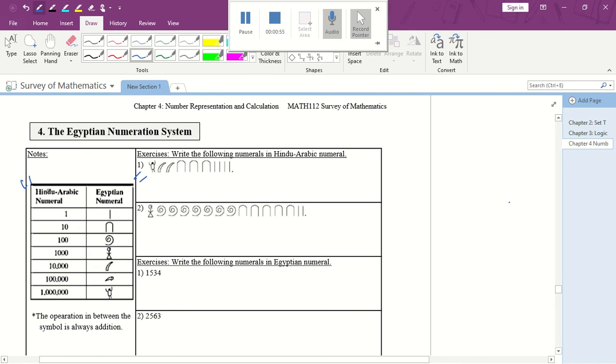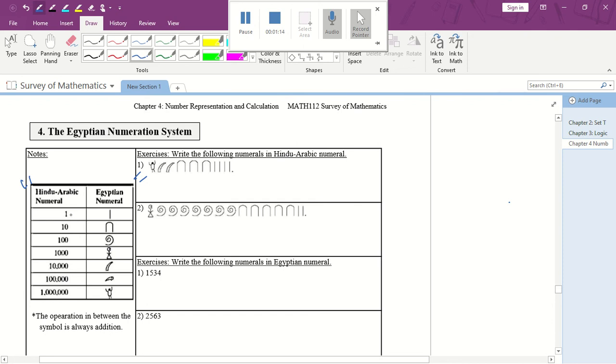So look here. The Hindu-Arabic numerals 1, 10, 100, 1,000, 10,000, 100,000, and 1 million are each represented by an image or a drawing, which is actually an Egyptian numeral.